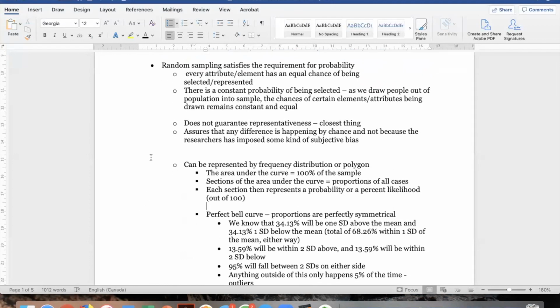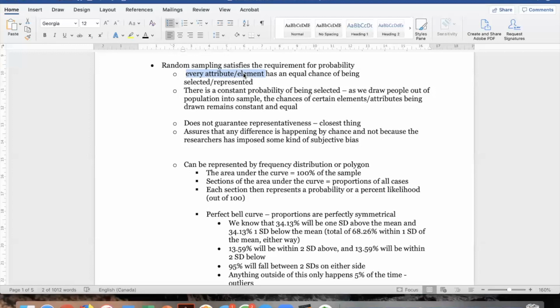So random sampling means that every attribute, so let's say our target population is diabetics, just in general. We want to get as close to the target population as possible.